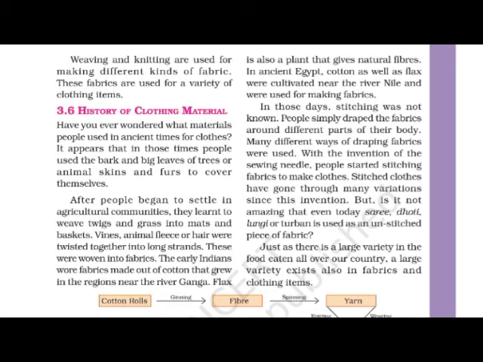With the invention of the sewing needle, people started stitching fabrics to make clothes. When the sewing needle was invented for the first time, people started stitching fabrics to make clothes. Okay, the sewing needle is very common nowadays, but at that time it was not invented. And when it was invented, people started stitching fabrics to make clothes, and stitched clothes have gone through many variations since this invention.